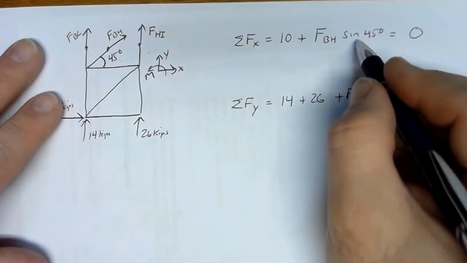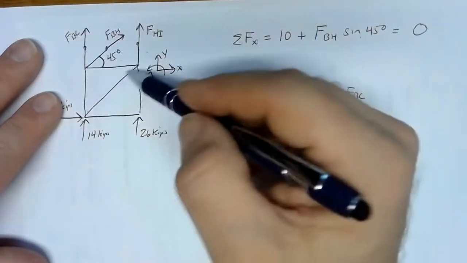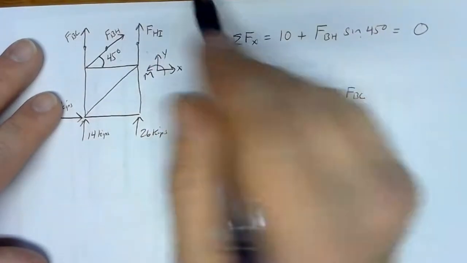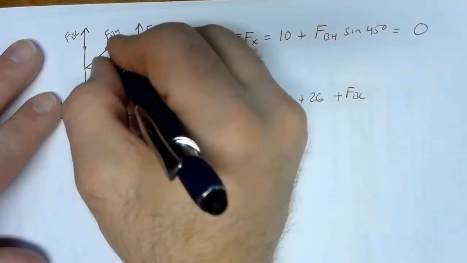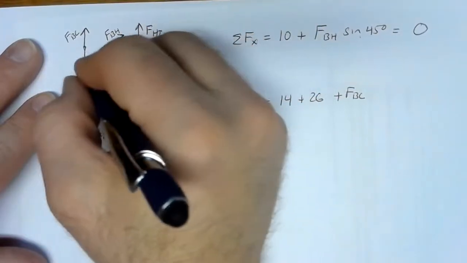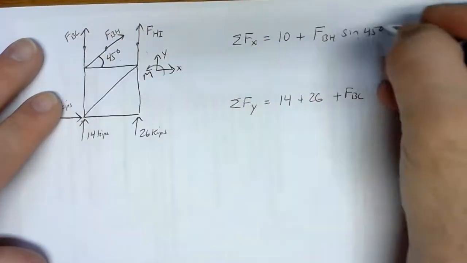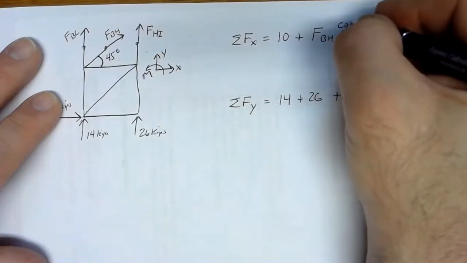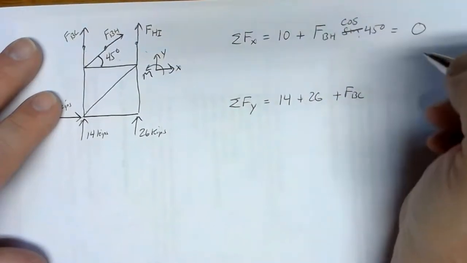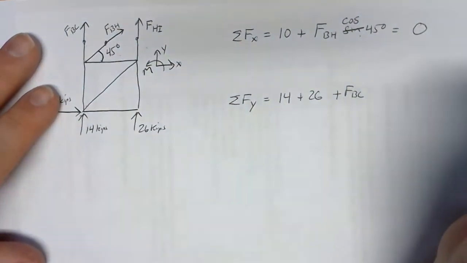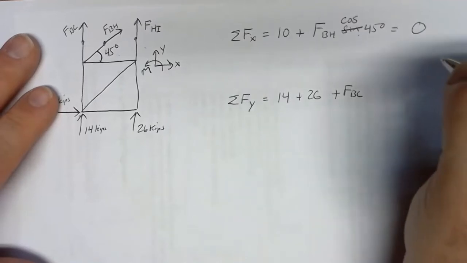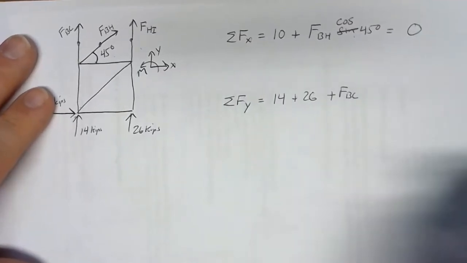That should be cosine. I got flipped around in rotating the problem. So here we want the x direction. That's the adjacent side. Adjacent goes with cosine. So thank you to those who I'm sure are shouting out, hey, that should be cosine, not sine. I heard you, even though it was pre-recorded.